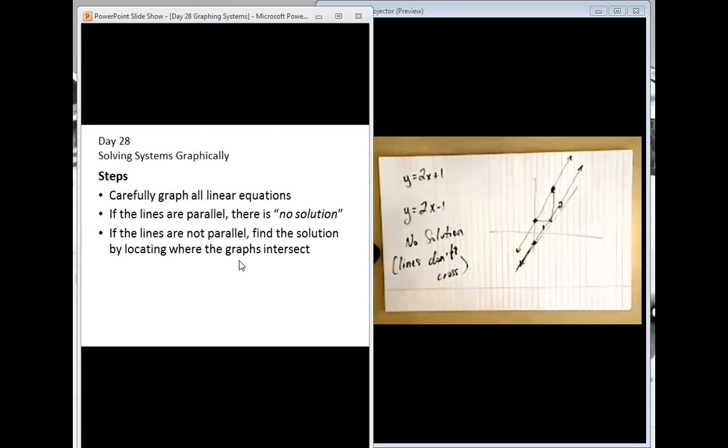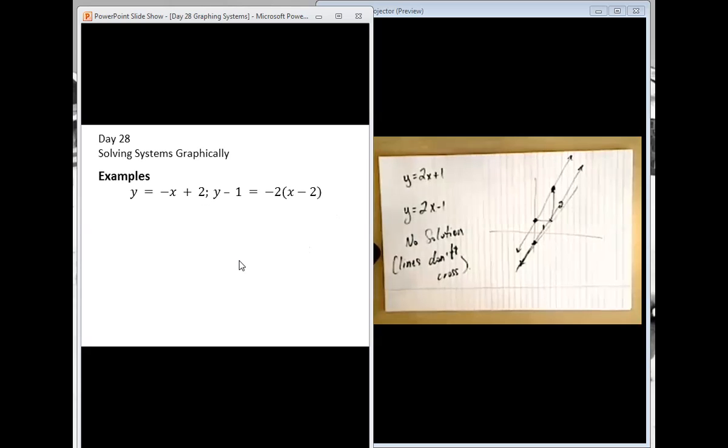Okay, so we said that before, just graph them. If they don't cross, there's no solution. If they do, find the magic spot. What is this one? Yeah, let's try this one to finish up with, okay? Graph that one line there on the left, the other one there on the right. Find where they cross.